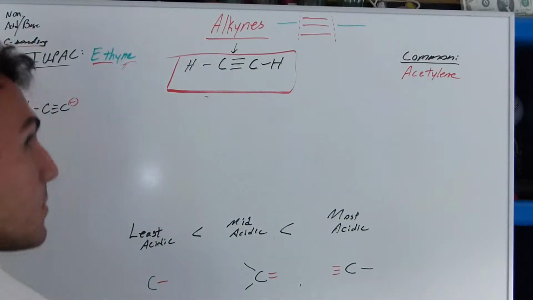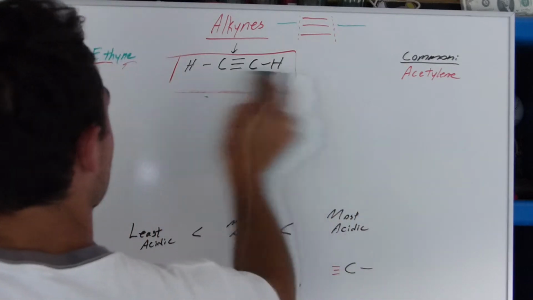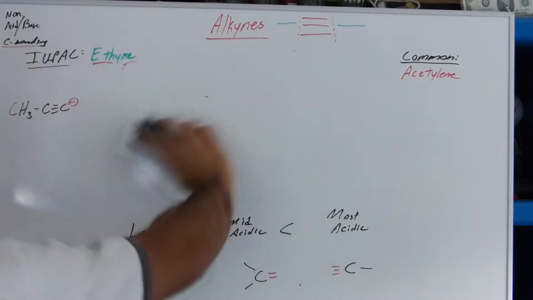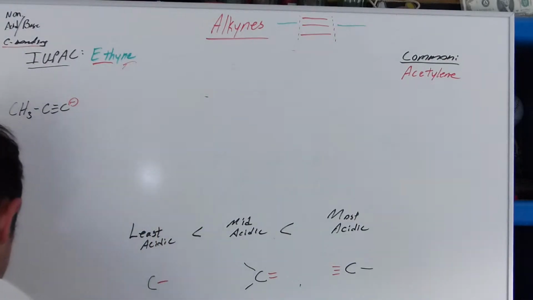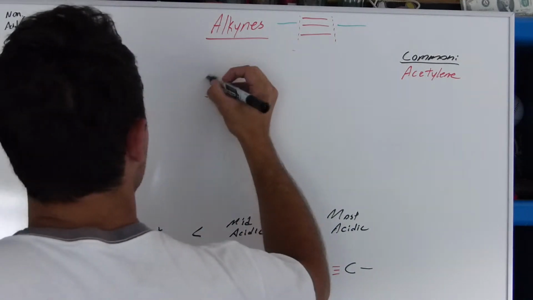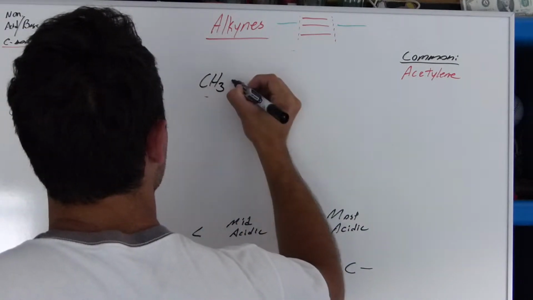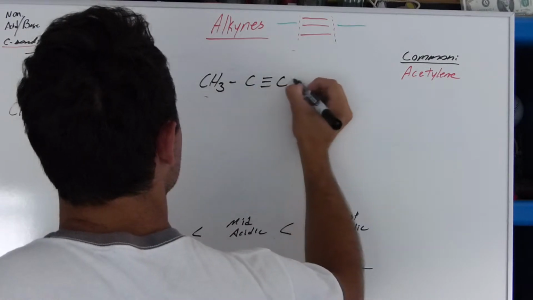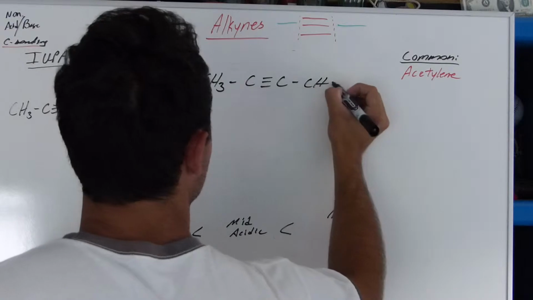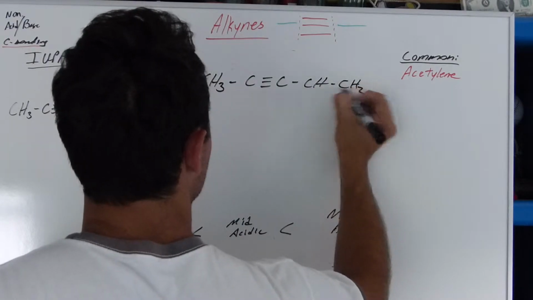So let's do some examples. Alright. So, let's start off with something basic. Let's get some markers going. So we'll have a CH3, CH2, CH2.